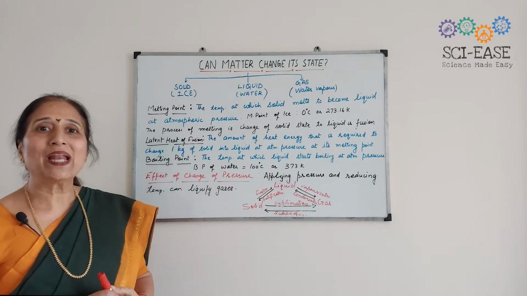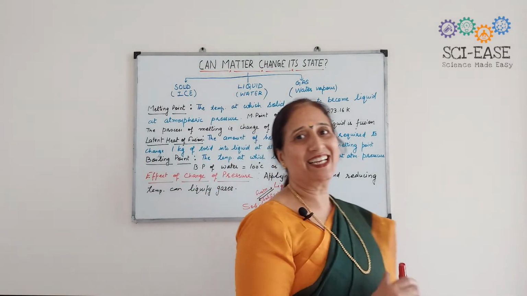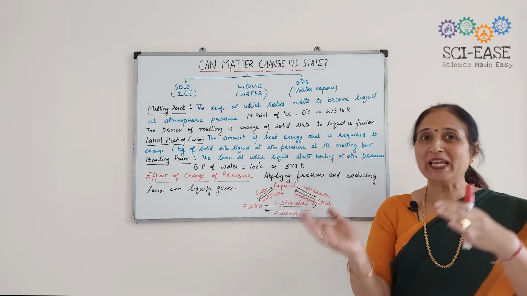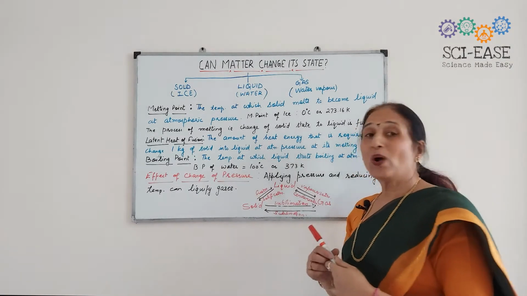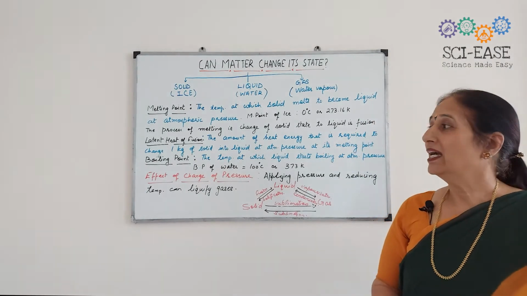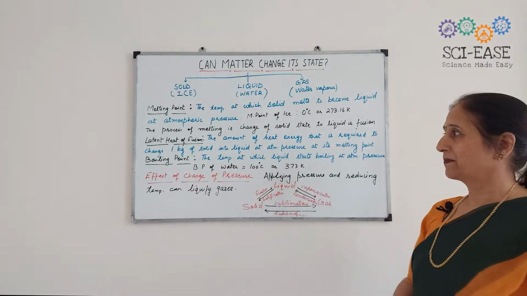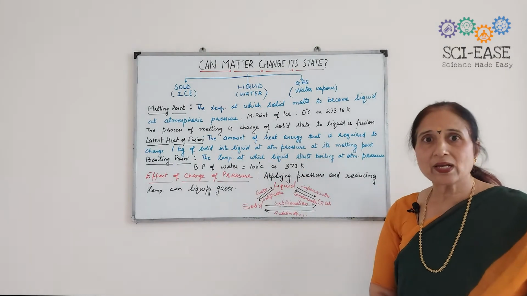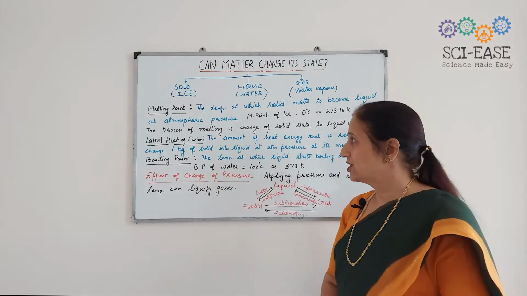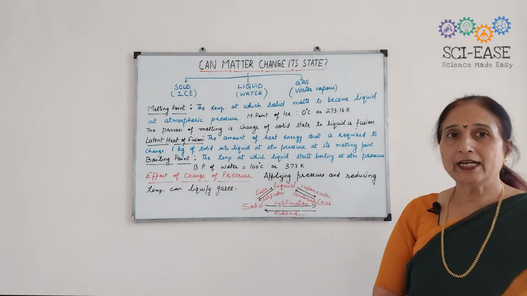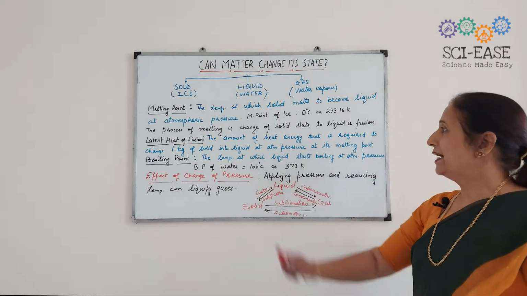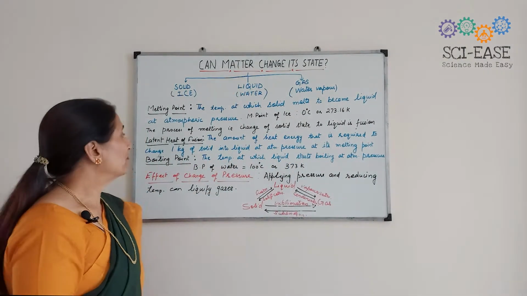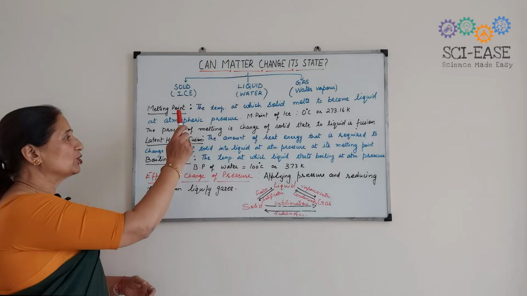So that is known as latent heat. That heat is hidden. Latent means hidden. So I want to tell you latent heat of fusion: the amount of heat energy required to change 1 kg of solid into the liquid at atmospheric pressure at its melting point. This is the latent heat of fusion.